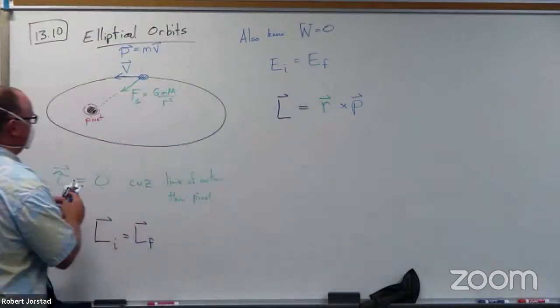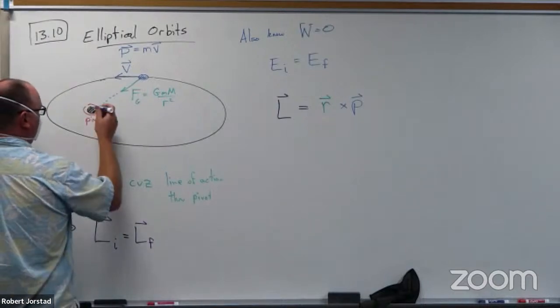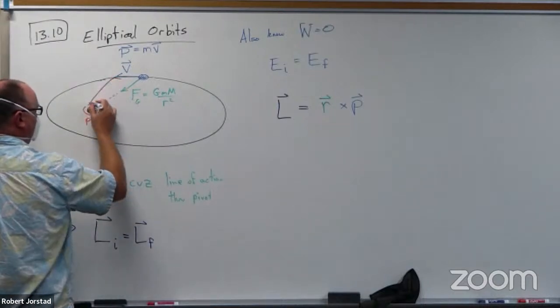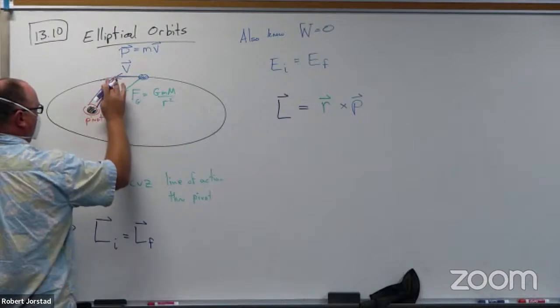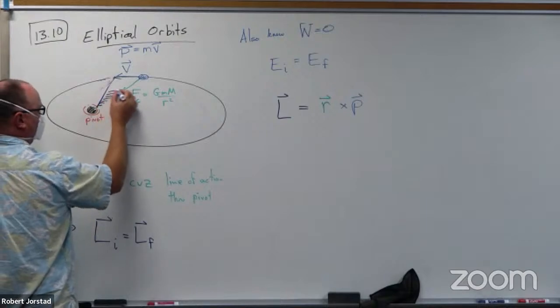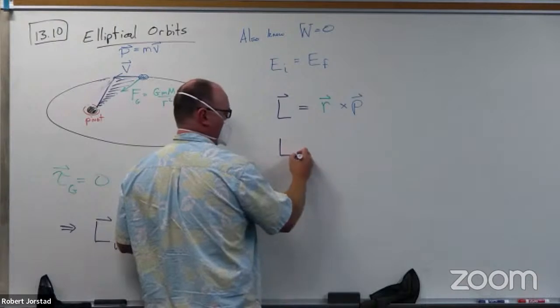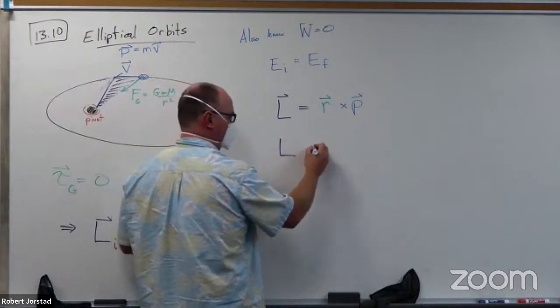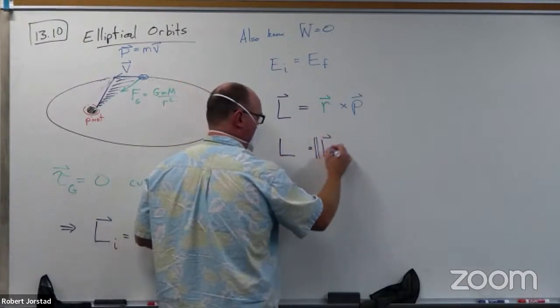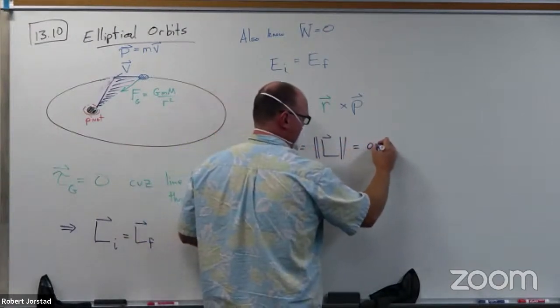So in this case, it would be this area right here. I'm going to cheat and just draw a triangle here. This would be half of the area. So L, the magnitude of the angular momentum, relates to the area.